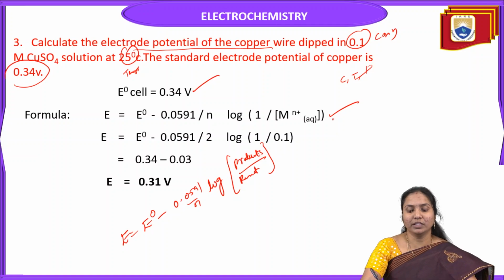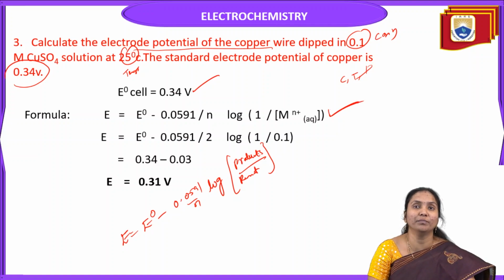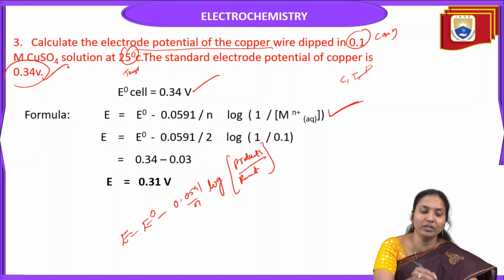Here we are using E equals E naught minus 0.0591 by n log 1 by concentration of M n plus. The E naught value of copper is 0.34 volts, so we can substitute it here.